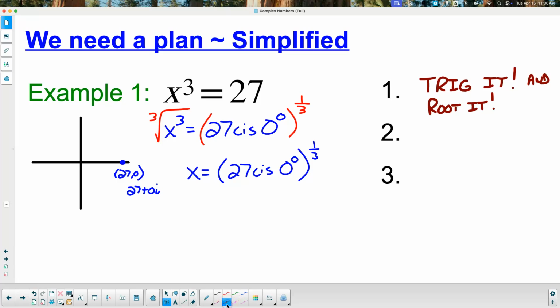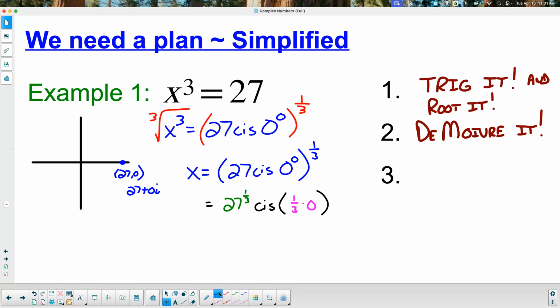Then we de Moivre it. 27 to the 1/3 power is 3. 1/3 times 0 is 0. So that's our first one. Yes?